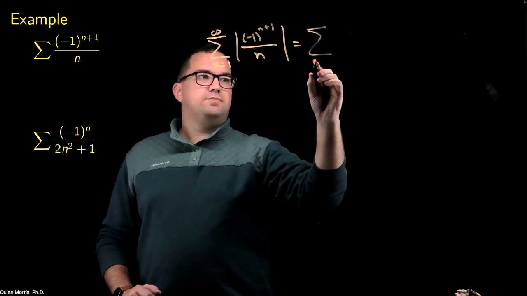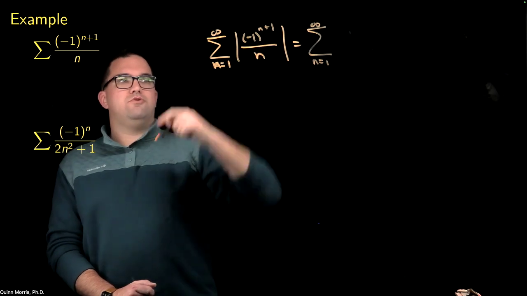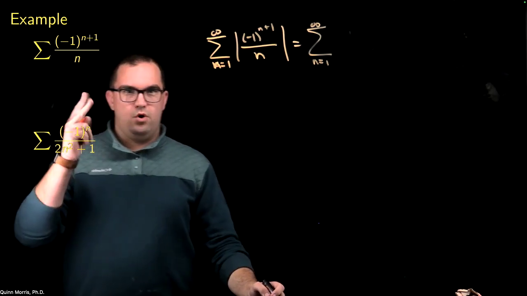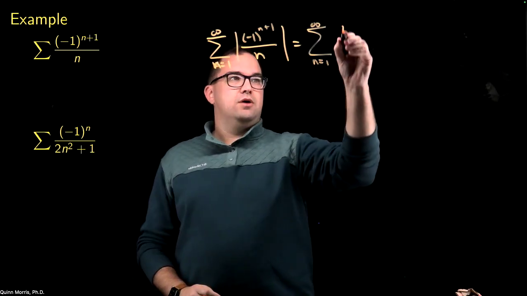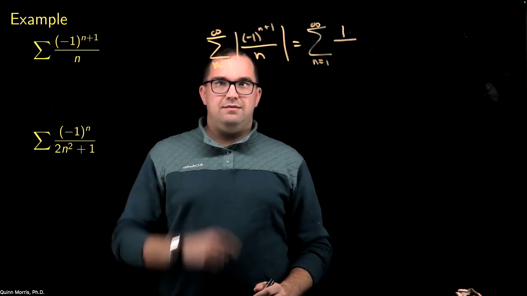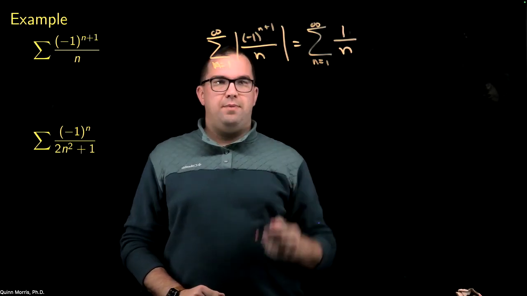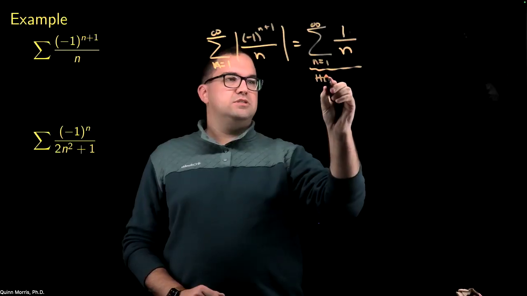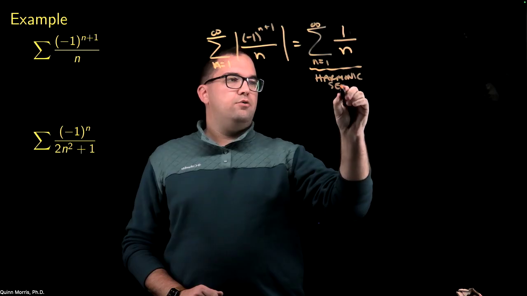I see that this really just becomes the sum n equals 1 to infinity. The absolute value of minus 1 to the n plus 1 is just going to be 1 or negative 1, and in either event, when I take absolute values, I just get 1 over the absolute value of n. But n here is a natural number going from 1 up to infinity. It's always positive, so its absolute value is just n. So we get the harmonic series we've seen before, which we know diverges.